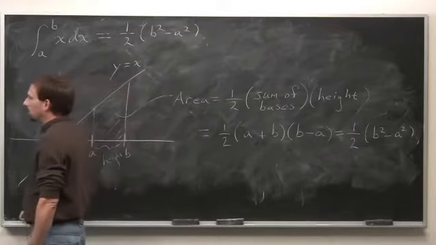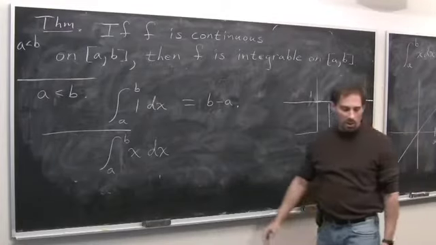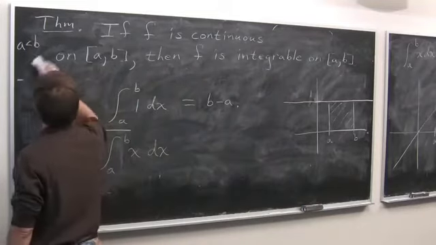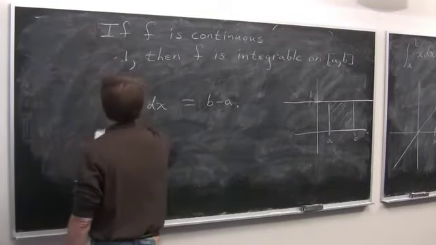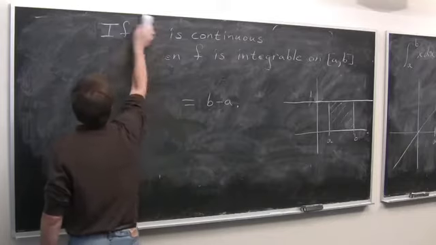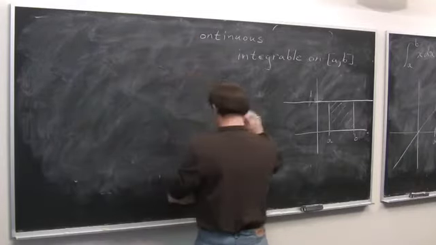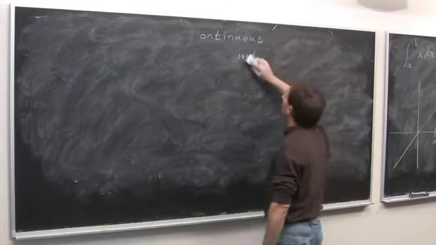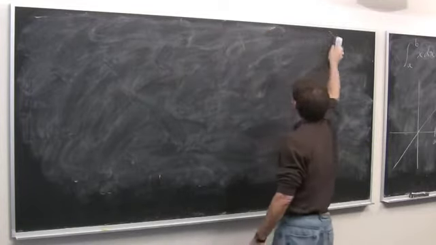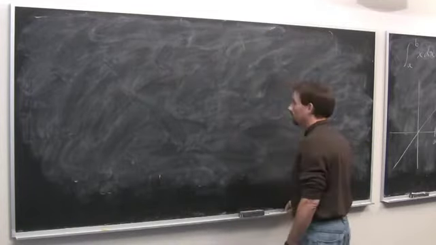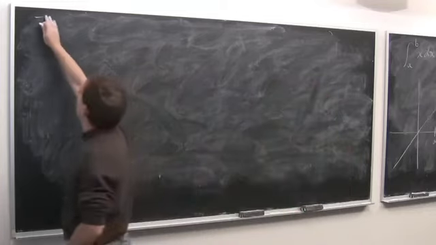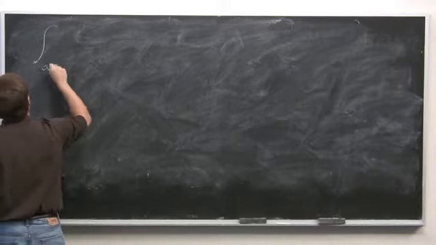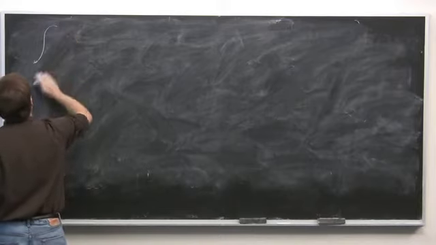So that's what we get: 1/2 b squared minus a squared. Okay. What about something more complicated? So what about something like, what's the integral from, well, why don't we put in some numbers?